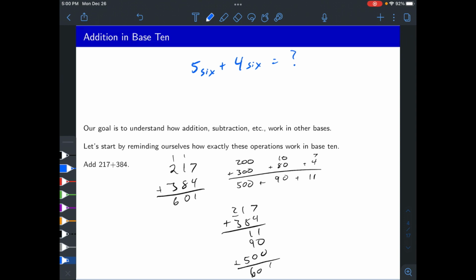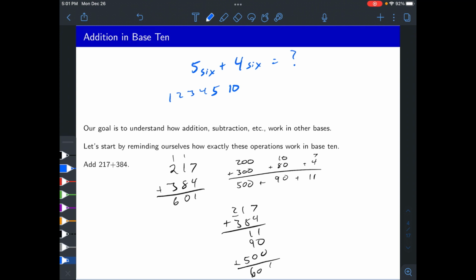We could always just think of this in terms of counting up. We discussed in the previous video how you count in base 6, and you'd go 0, 1, 2, 3, 4, 5. And then once you can make a group of 6, then you say you have one group of 6 and then 0 groups of 1.